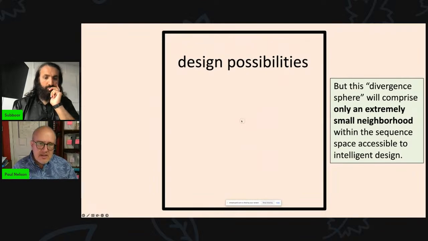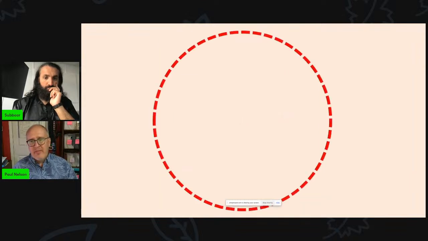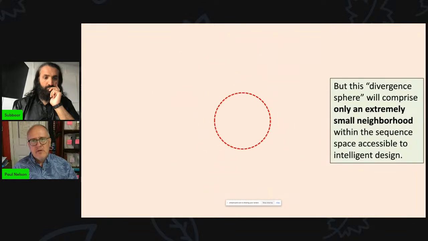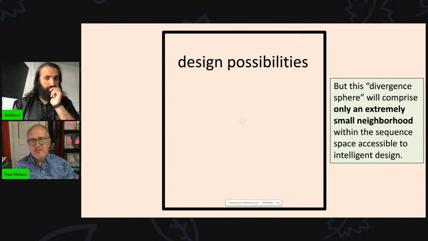Are they landing in here? There's that tiny little space defined by LUCA, or are they somewhere out here? And this will happen in our lifetimes. We will be able to establish whether our genes and proteins are in that space, or are they in this space? All right.